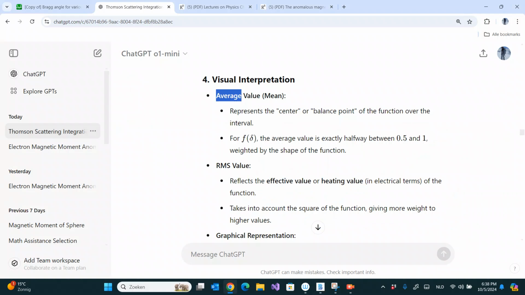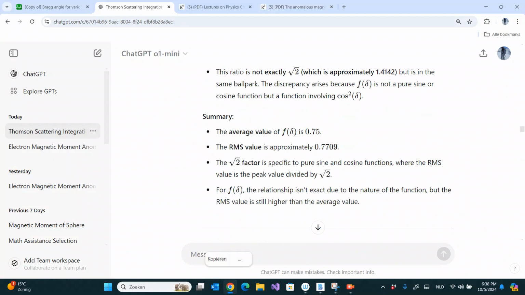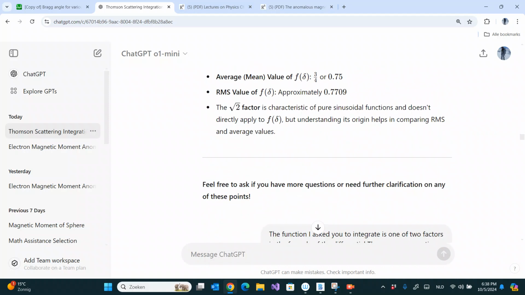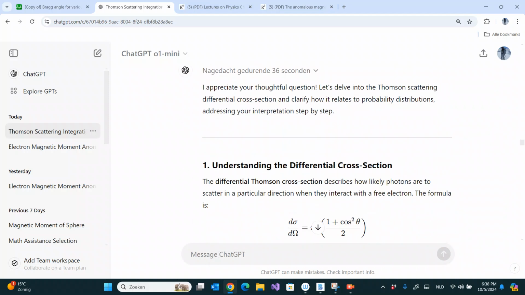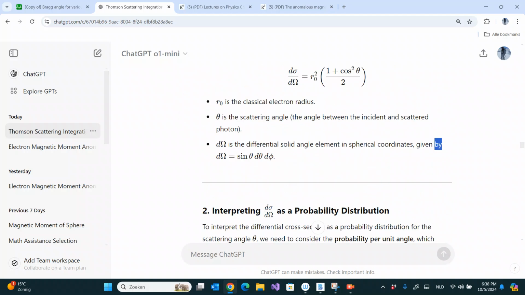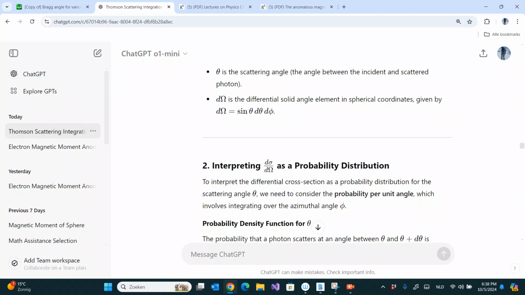But there, ChatGPT gave a rather convoluted answer, which is, yes, you're right. In any case, the differential solid angle element involves not only the polar, but also the azimuthal angle, and so on.